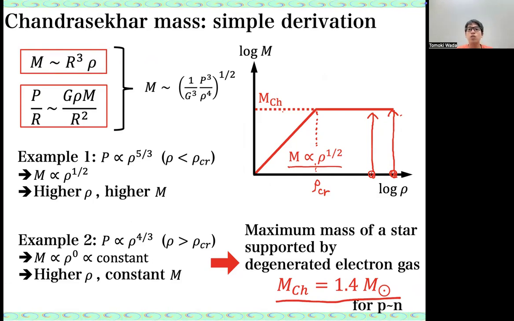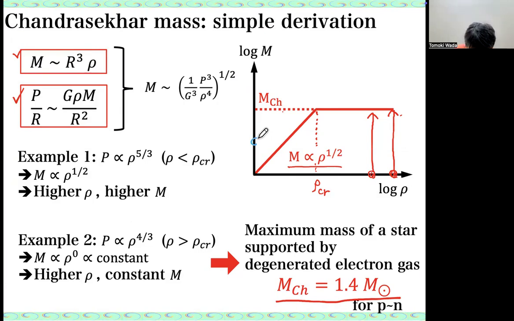So when we consider a homologous gas sphere supported by the electron degeneracy pressure, there is a maximum mass of that star. This is the Chandrasekhar mass limit. Above this value, there is no solution for these two equations. Okay, let's start from mass.